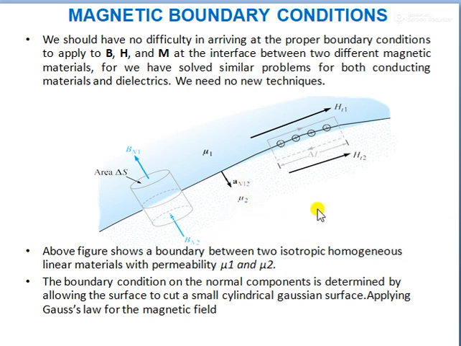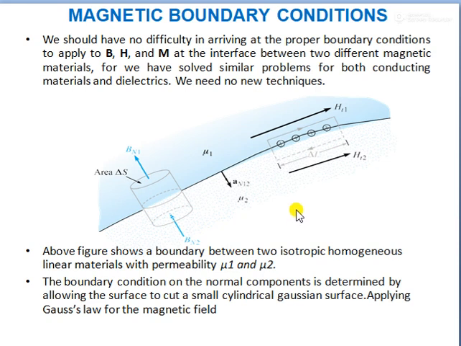Therefore finally we get the equation Bn1 delta s, and similarly for the bottom we get Bn2 delta s, and for the lateral surface it is 0. Therefore, putting these values in the equation of the total, we get Bn1 delta s minus Bn2 delta s.